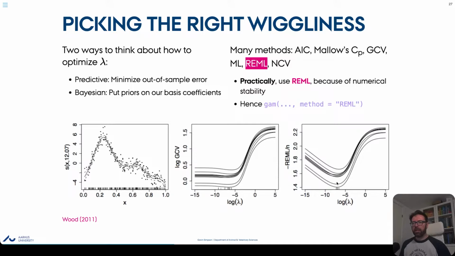If we look at the same setup, but where we're looking at the REML criterion, so this is the negative of the REML, the thing that's minimized when you do method equals REML, you'll notice that now, as a function of the smoothing parameter, these have a nice well-defined minimum.